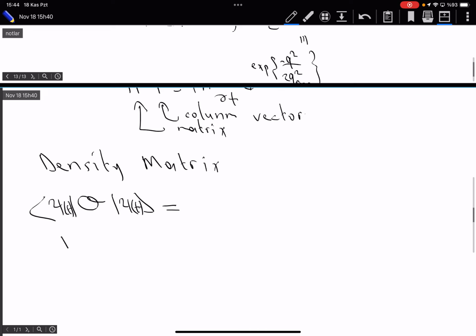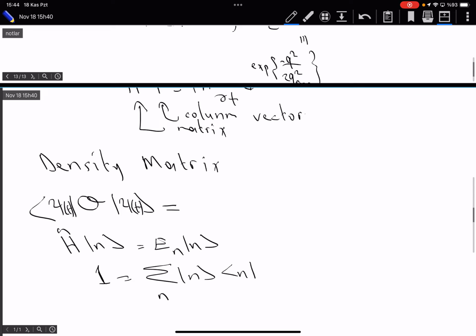Let's say that I have a set of energy eigenstates of the Hamiltonian. They form a complete set. So I can write the identity operator as a sum over this complete set.